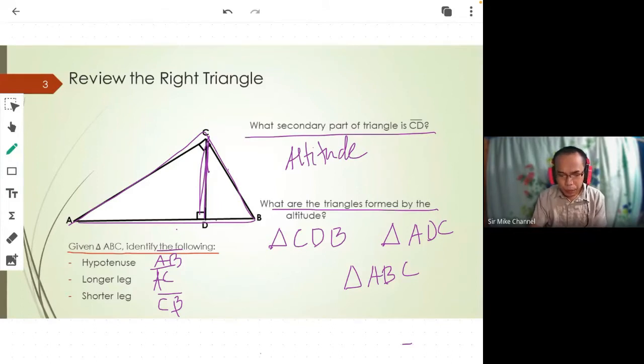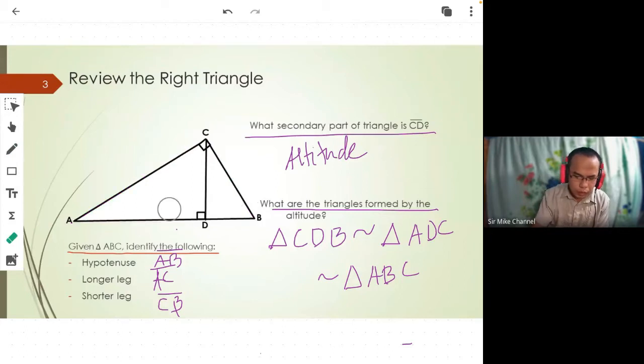So, ito po ay nag-form siya ng similar triangle. So, itong triangles na yan, so, yung triangle CDB is similar to triangle ABC. So, ganun din, yung triangle ACD is similar to triangle ABC. Yung maliit natin, ulitin ko.